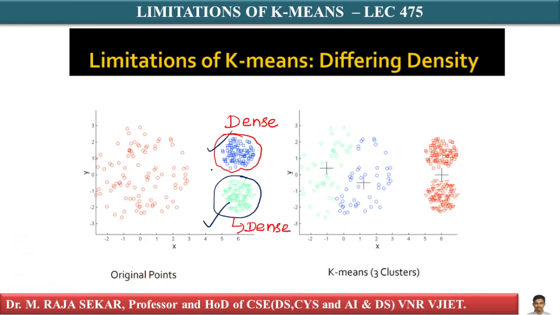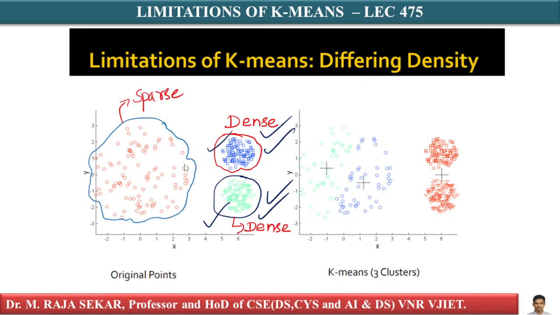But if you notice, in this region points are dense. In this region also points are dense. Even here the number of points per unit area is large. So you have dense clusters here. What about the third cluster? This is sparse. So there is a density difference amongst your clusters.